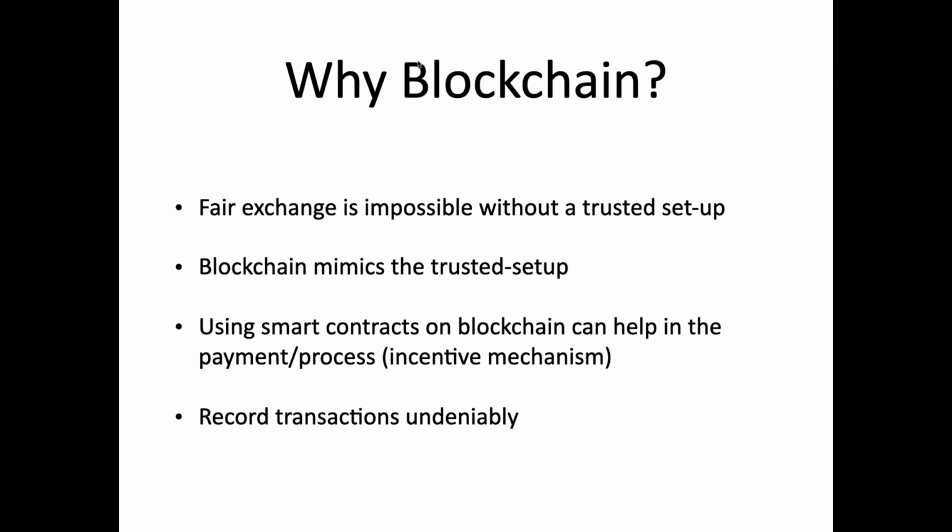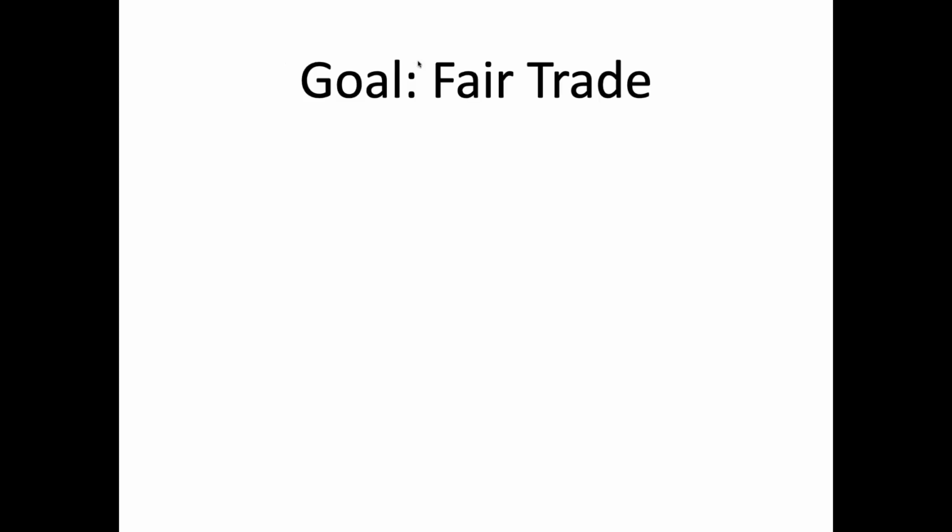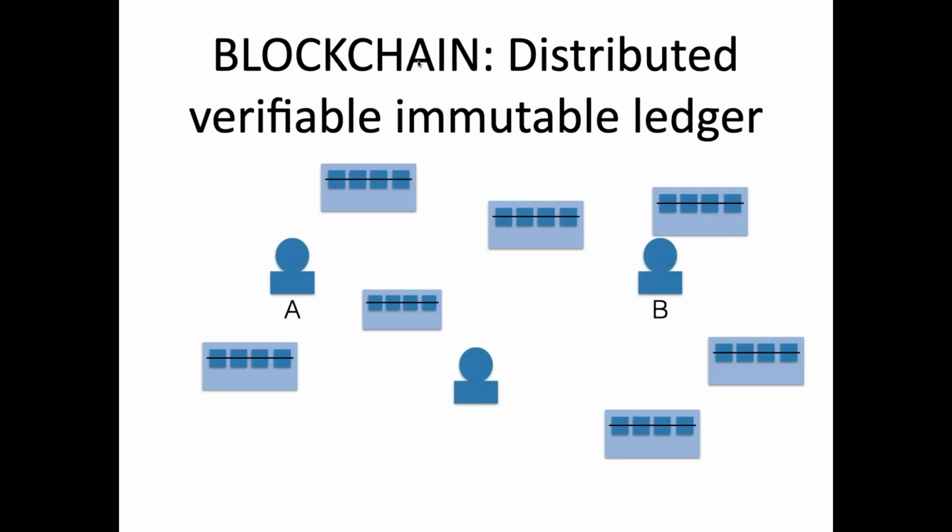There are different ways in which we could design this trusted party. And one of the ways to design the trusted party is to use a blockchain. I'm going to talk a little bit about the blockchain in this case, which is a distributed, verifiable, immutable ledger.